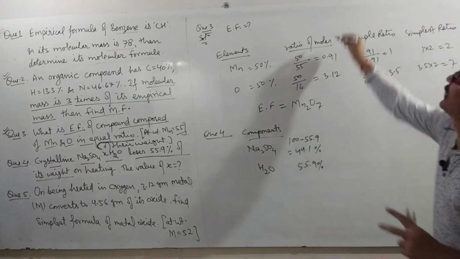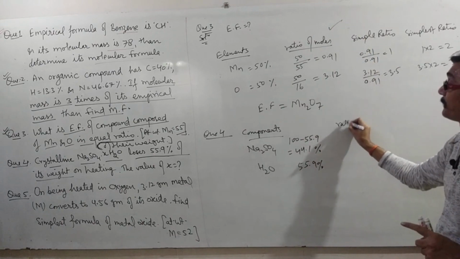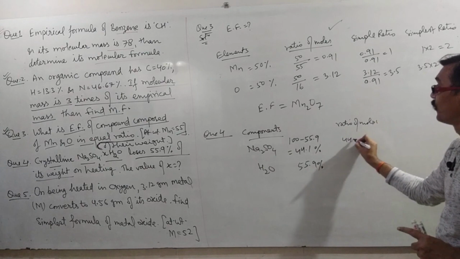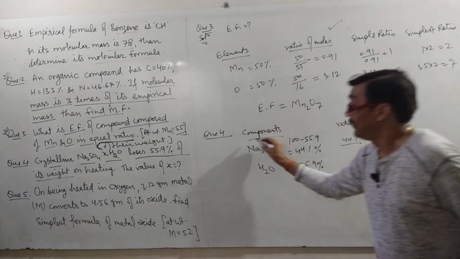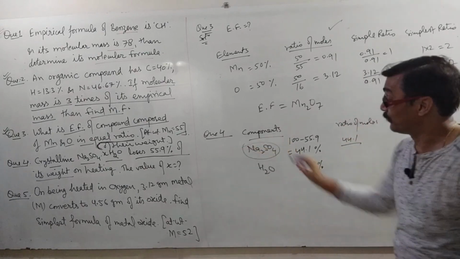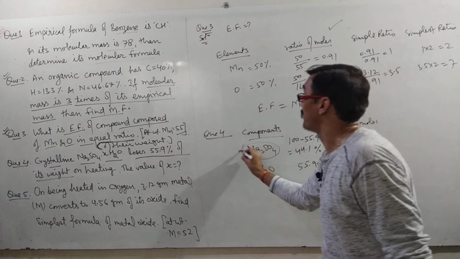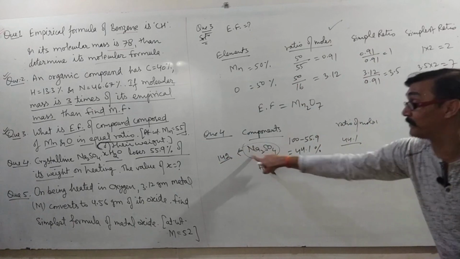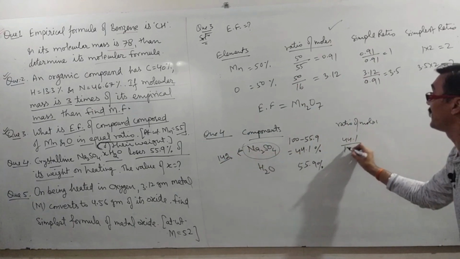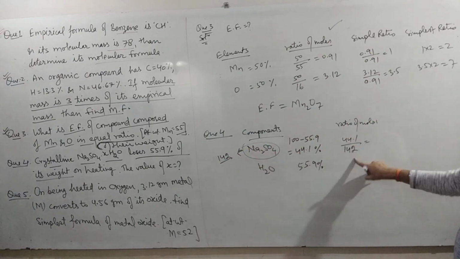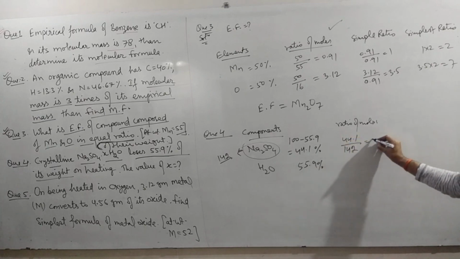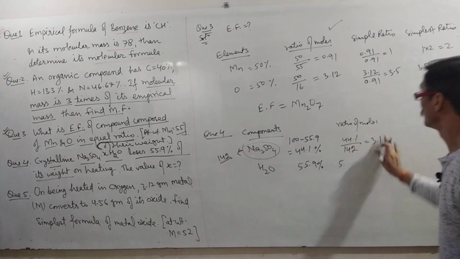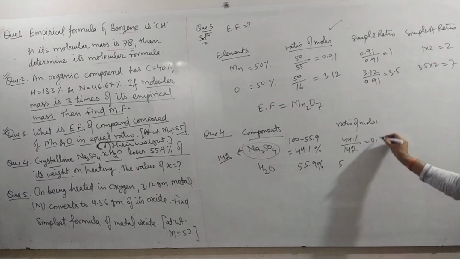Now again the ratio of moles. Mass 44.1 divided by the mass of the component, here Na2SO4, whose mass is 142. You can calculate it by adding the atomic masses of all the elements. 44.1 divided by 142 is about 0.31.